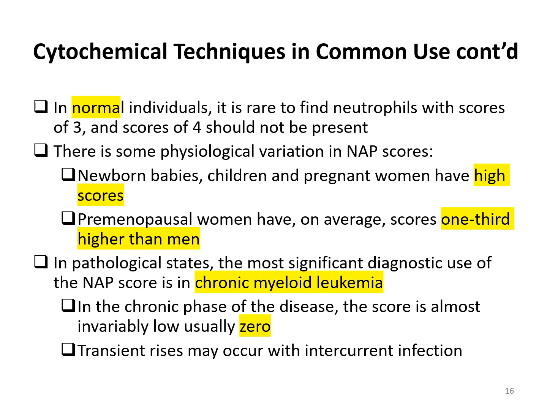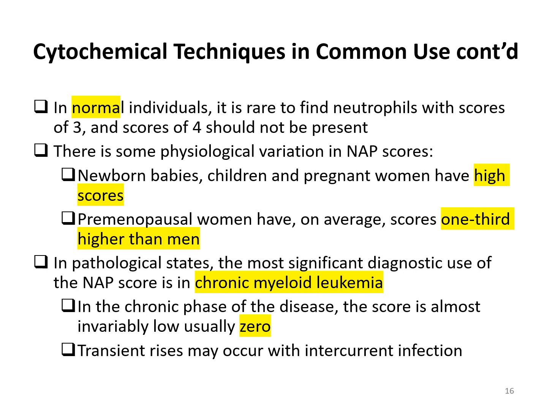In physiologic conditions, for example in newborn babies, in children and pregnant women, you might find that the score is high, and premenopausal women would have a score about one-third higher than in men.